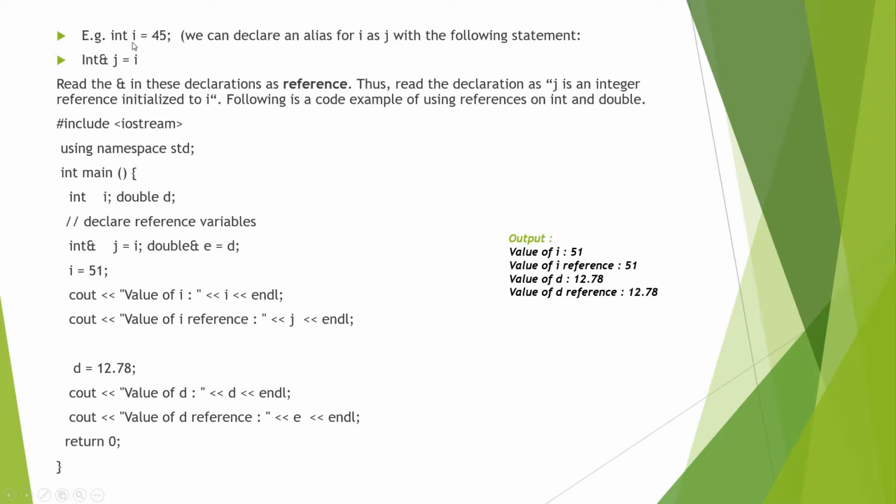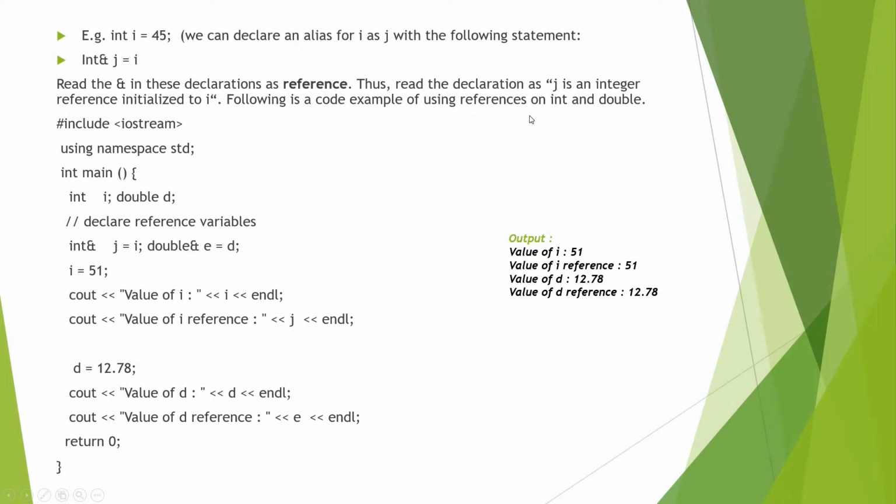If I want to make j an alias of i, I'll have to say int &j = i, which means that we declare an alias for i as j. This reads as j is an integer reference initialized to i.